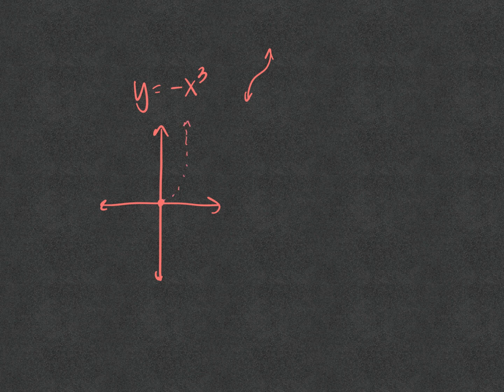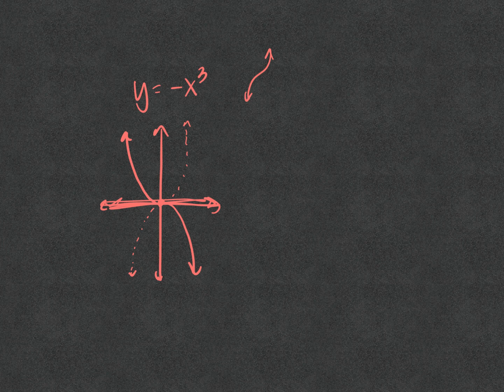If I had y equals negative x to the third, well, x to the third looks like this. It's this tall graph. So if it reflects across the x-axis, that means instead of going up like this, it's going to go down. And instead of heading down on this side, it's up. So this graph reads down instead of up. You can see how it reflects across the x-axis right here.